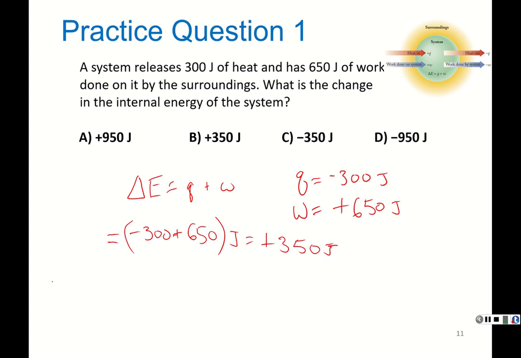So that's the total change in energy of our system, and that would be choice B here. I should mention this right now. When we work through these practice questions in a lecture, you might want to pause the recording and try to work through it yourself, and then hit play and see how you did.